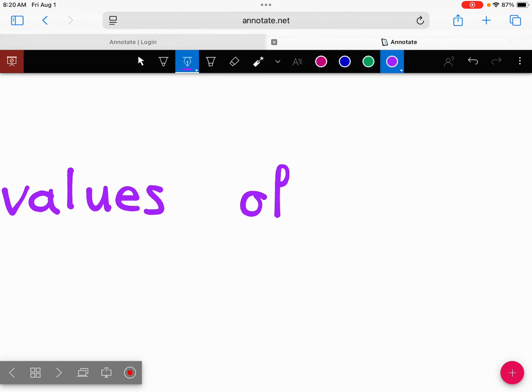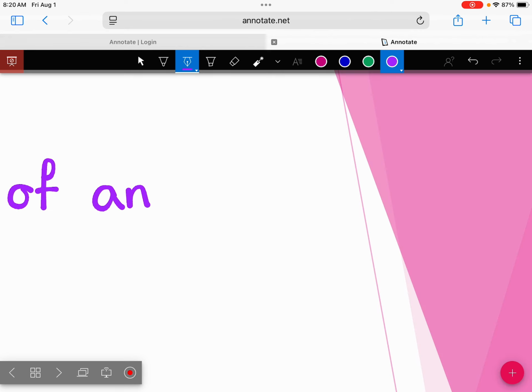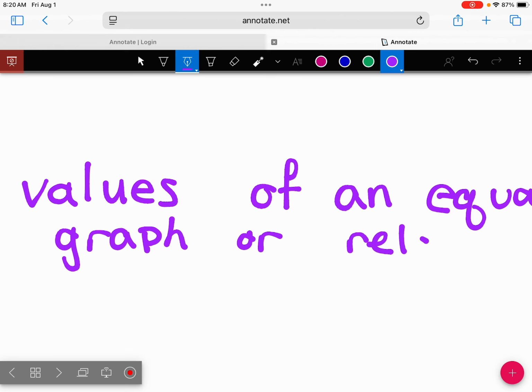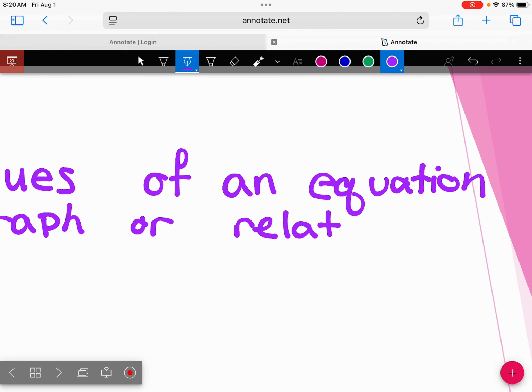So I'm going to put all that part on there. And equation, graph, or relationship, because sometimes it's not purely an equation.